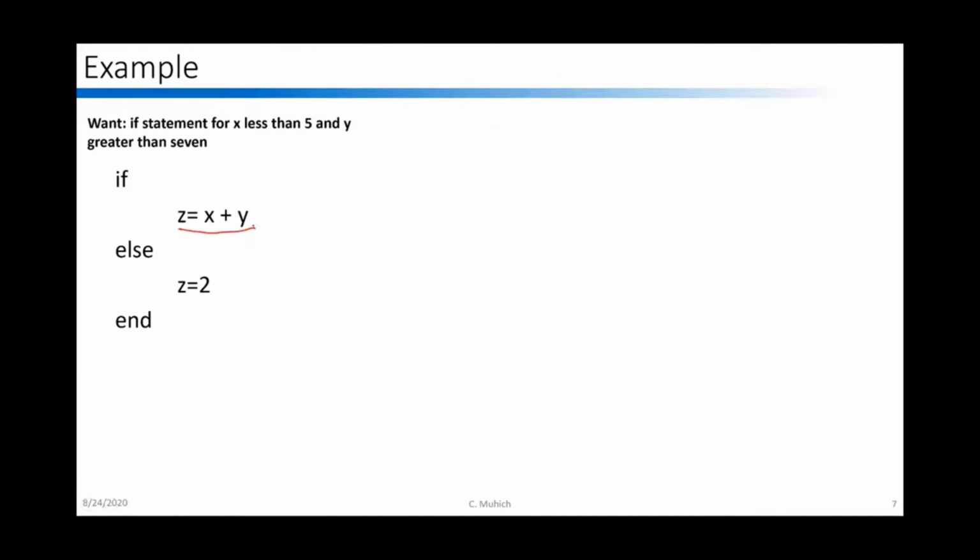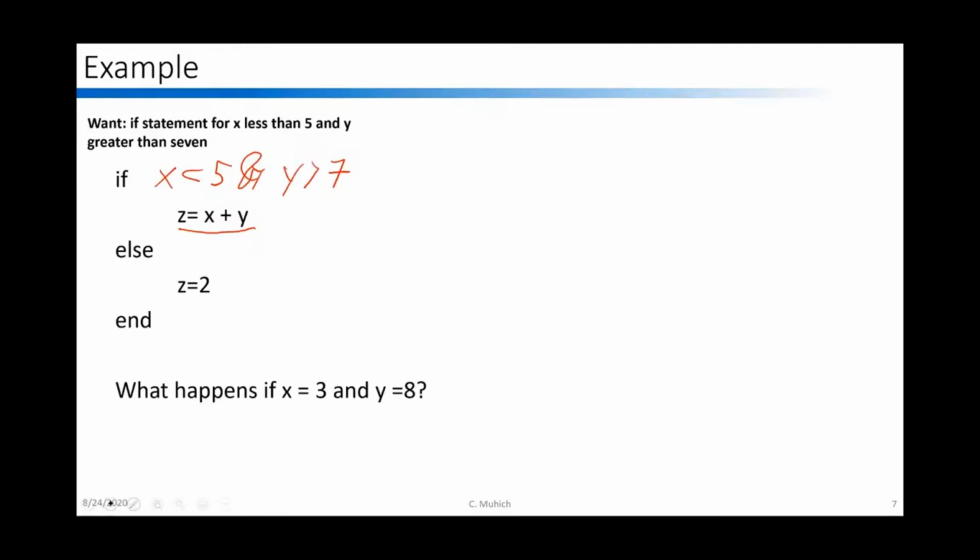We can look at the words: x less than 5, and y greater than 7. Essentially we're just taking these words and putting them into mathematical terms, right? So if x is less than 5 and y is greater than 7, z will be equal to x plus y. Otherwise, z will be equal to 2.